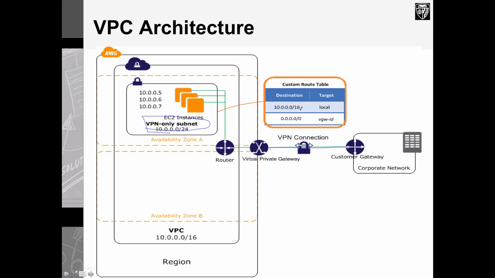The routing table for this VPN only subnet has the default route 0.0.0.0/0 pointing to the VGW ID, or the virtual private gateway ID that we create on the Amazon side. So the outbound connection for these instances in the VPN only subnet is through this VPN link only.